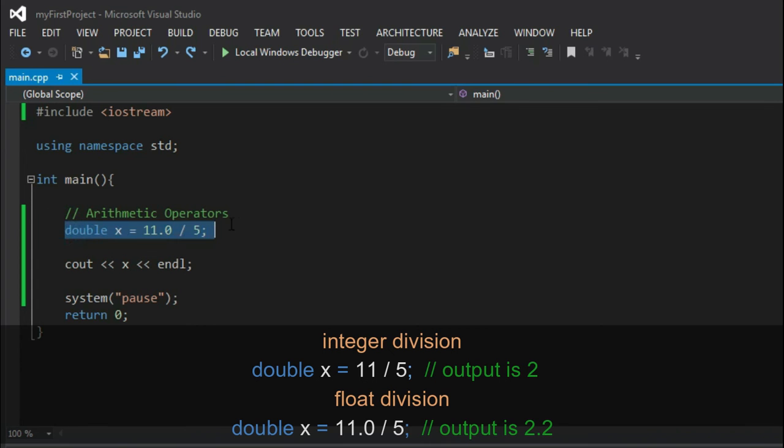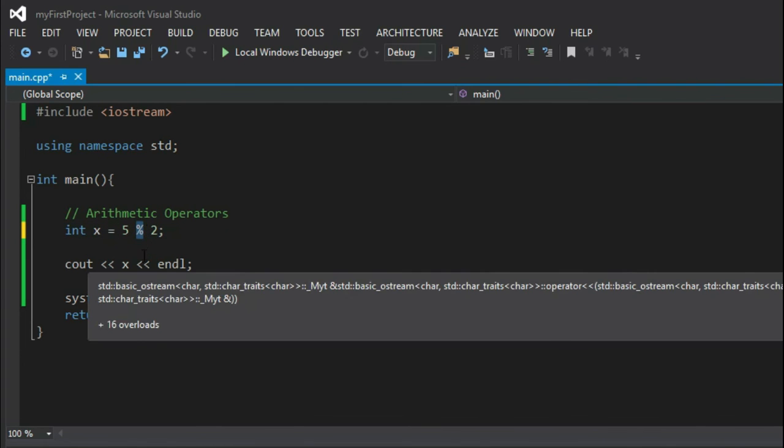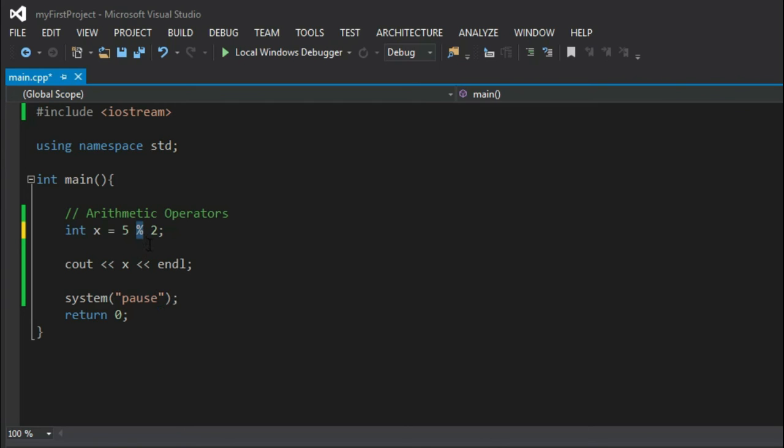So the last one we're going to be talking about is the modulus operator. So let's say int x, assign the value of 5 mod 2, semicolon. The percentage sign here is called a modulus. Essentially, by including this percentage sign, which is called the modulus or the remainder operator, we are saying: what is the remainder of 5 divided by 2?